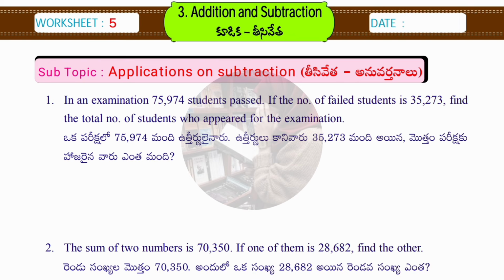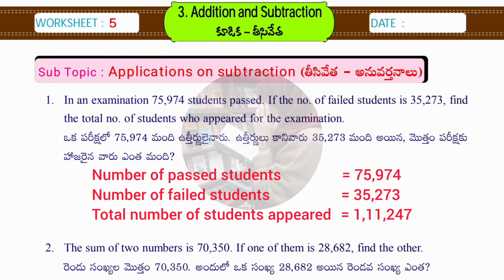Okay, so let's see the answer. Number of passed students. How many students passed? 75,974. How many students failed? Number of failed students are 35,273. Now we have to say how many students appeared for the examination. Means you have to count both. Then only you will get the answer.